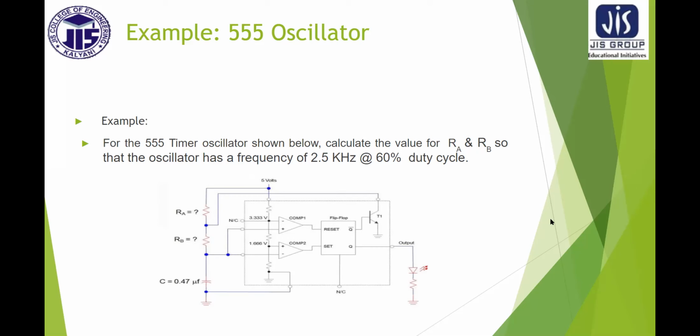You have to determine the values of RA and RB. From the value of frequency, you can find the total time period, and from total time period and duty cycle, you can find the value of charging time, and by using this, you can find the discharging time. So from that, you can get RA and RB. So try once, then we will have the solution.